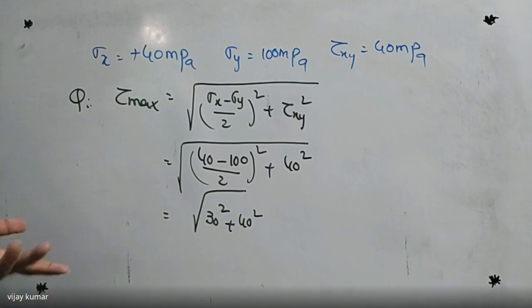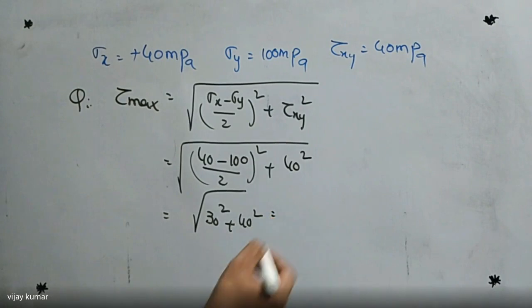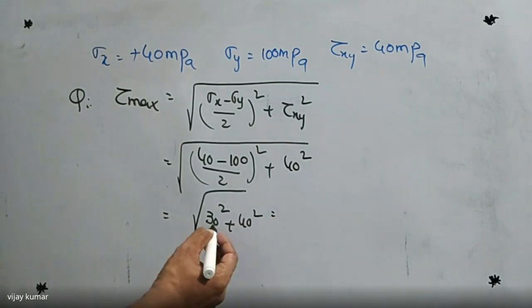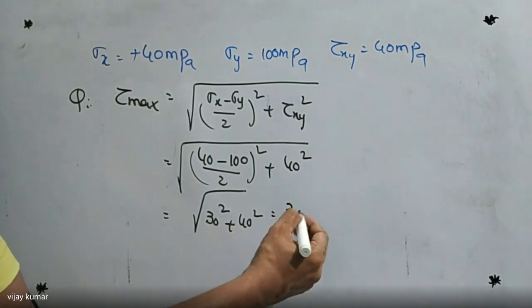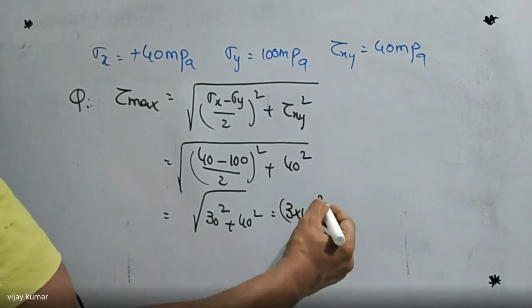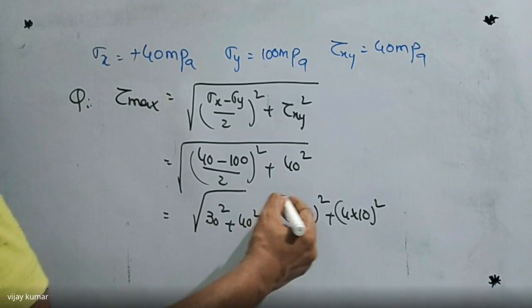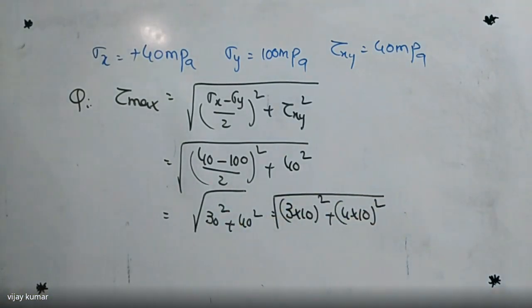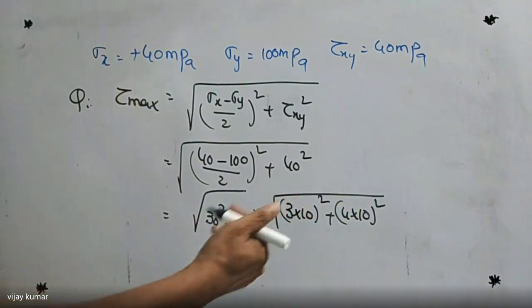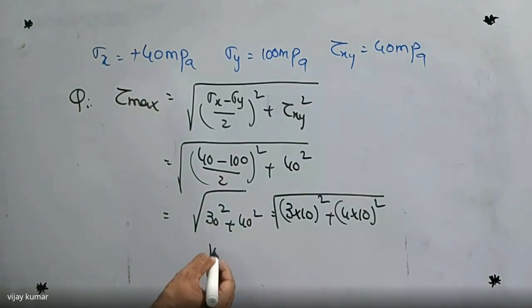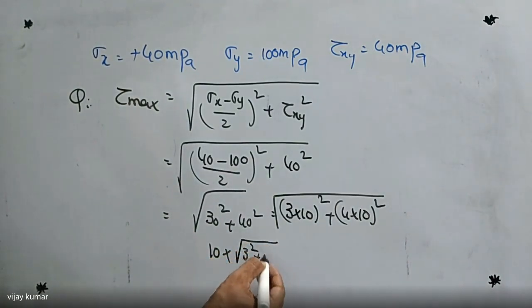Right. So here we can easily calculate like this. Listen carefully. 30 we can write as 3 into 10, and 40 as 4 into 10, whole square, under square root. Here 10 square is common, so we can bring it outside the root: 10 into square root of 3 square plus 4 square.